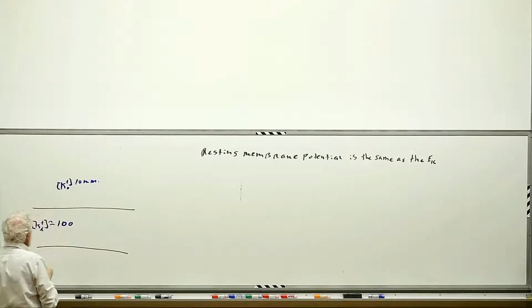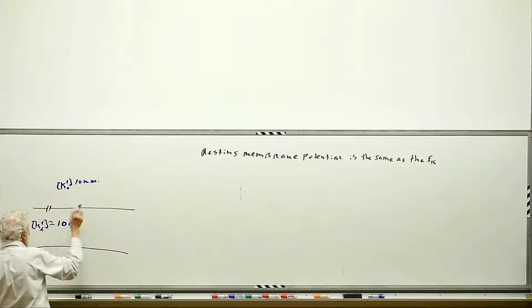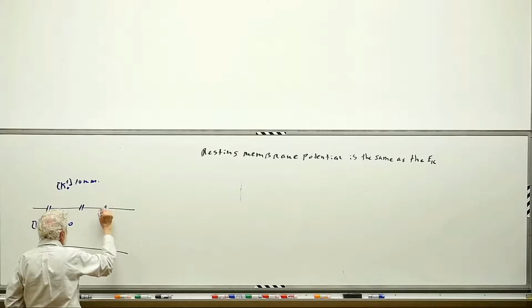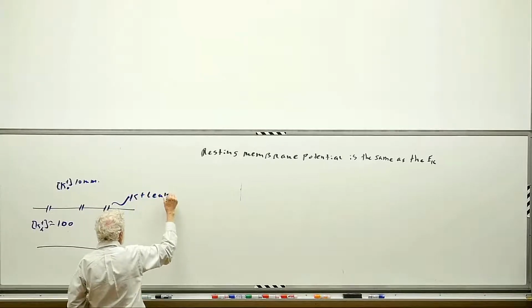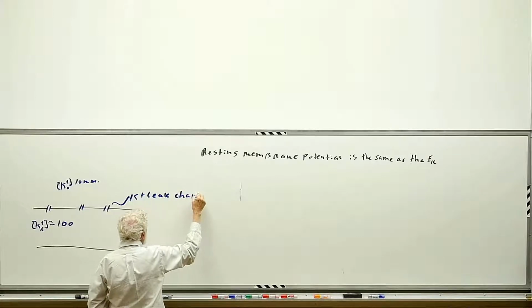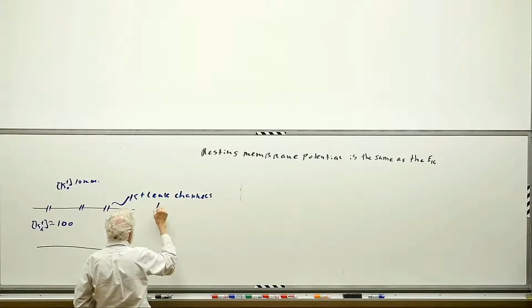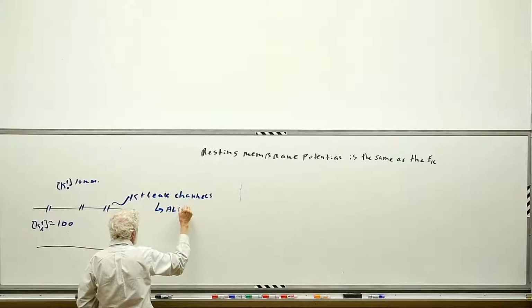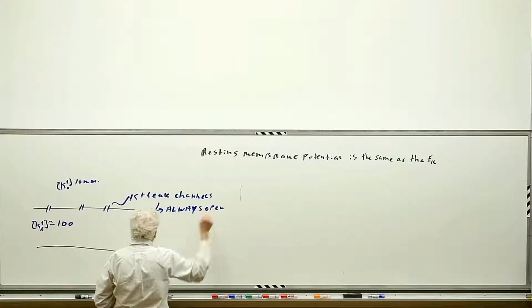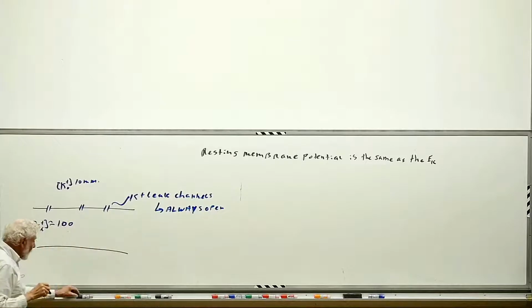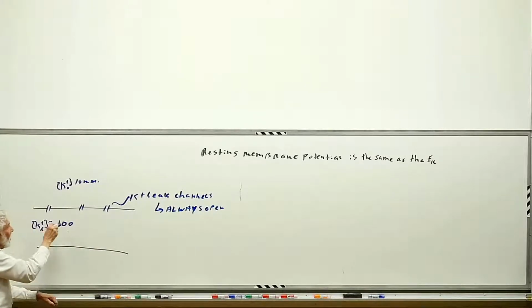Then across the membrane, we put specific channels, not very many of them. We put specific channels called potassium leak channels. We said these potassium leak channels are always open. They never close. I guess they're like 7-Eleven.